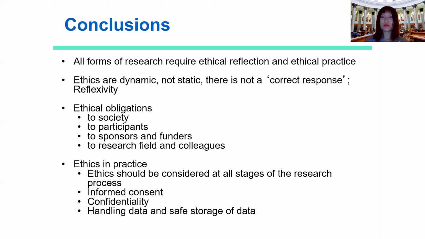So ethical issues should be considered across different stages of a research project. And some of the commonly used practice, one is informed consent, where we have looked at an example of information sheet and the consent form. So here, basically, we need to make sure that your research participants understand the nature of your research, as well as their rights.